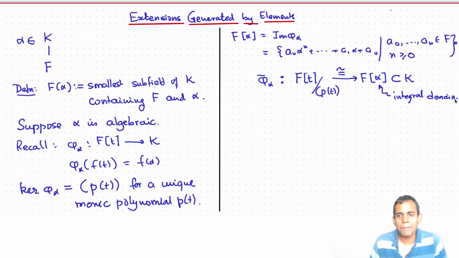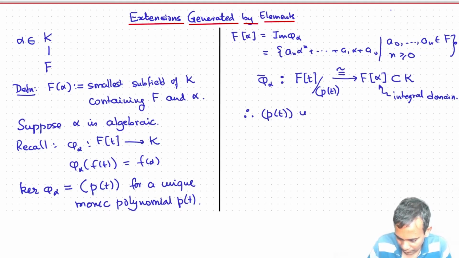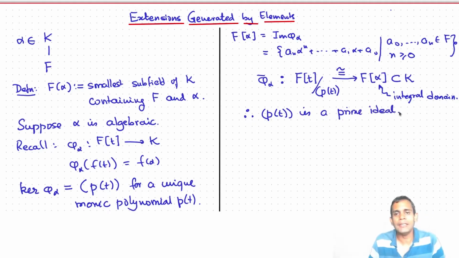Now remember that if you have a commutative ring and you go modulo an ideal and the quotient is an integral domain, then that ideal must be a prime ideal. Now in F[t], the prime ideals are generated by irreducible polynomials, and in any principal ideal domain, the ideals generated by irreducible elements are actually maximal ideals.